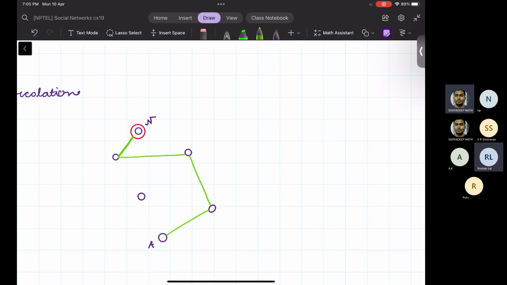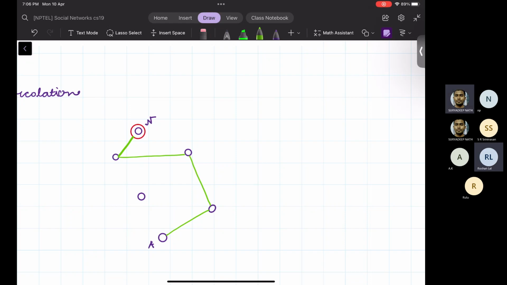It means it may be susceptible or it may be infected, so it depends on the type of disease also. Whether it is the SIS model or the SIR model, those are different things, sir.